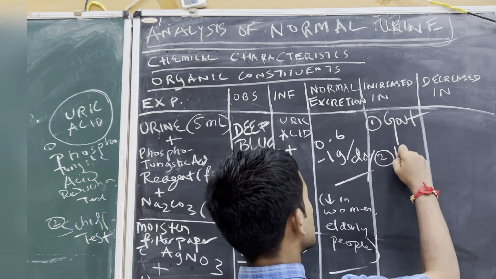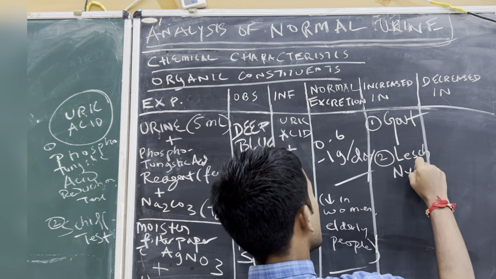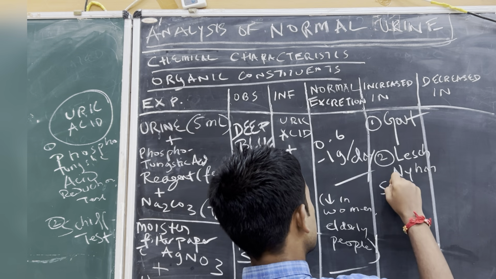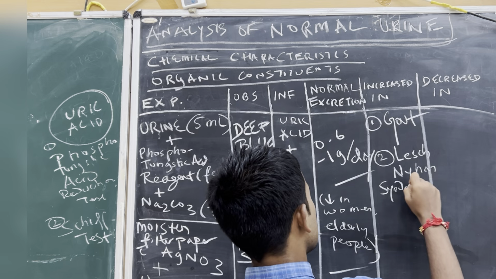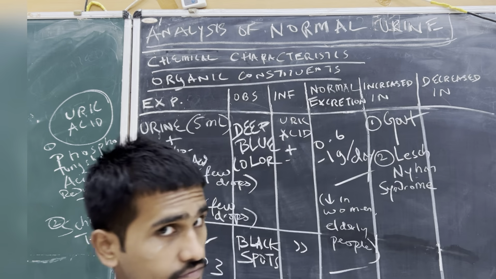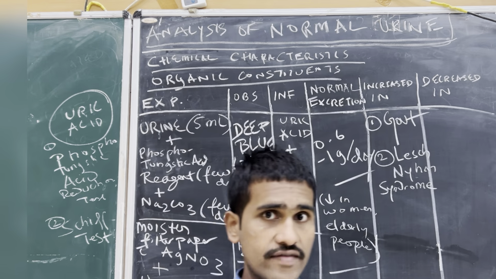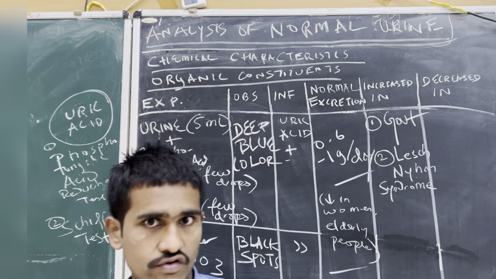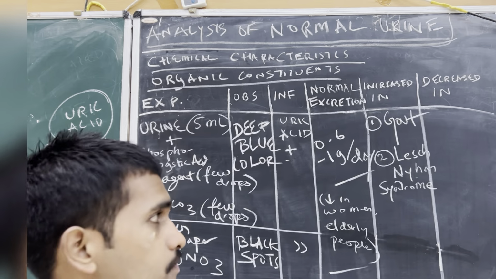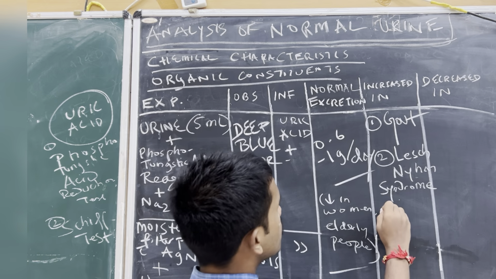Gout. 2. Lesch-Nyhan syndrome, which is due to the deficiency of the enzyme HGPRTase, hypoxanthine guanine phosphoribosyltransferase deficiency.